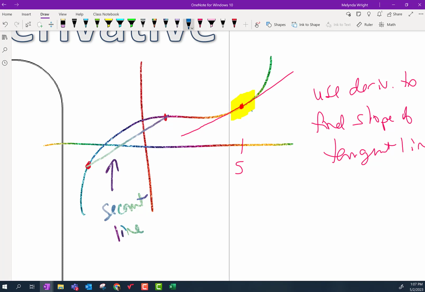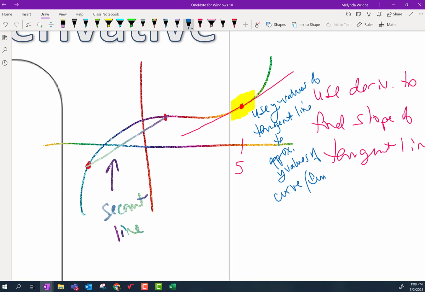So we would use the y values of the tangent line to approximate y values of the curve or function.